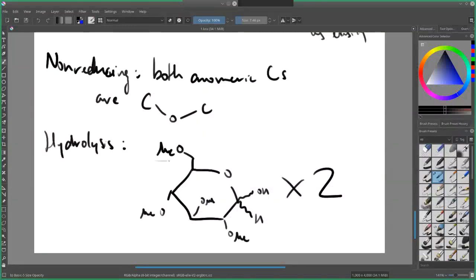Okay. So these methyls went on first to some alcohols that weren't tied up in bonds. So the important thing is we know that none of these positions could have been involved in bonding.